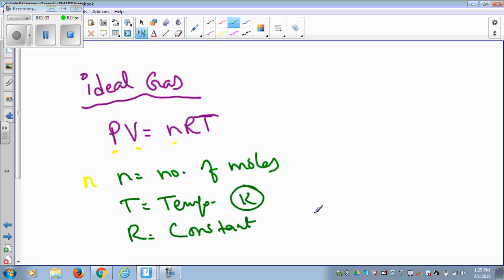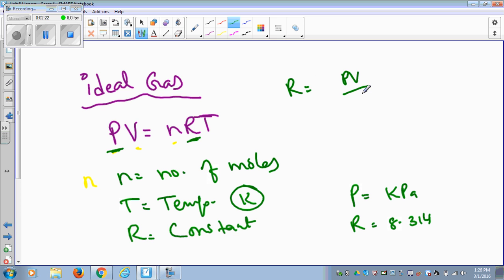The value of R is different based on the unit of the pressure. If the unit of the pressure is in kPa, your R is going to be 8.314. Because if I want to calculate the value of R out of this equation, R will be equal to PV over nT, pressure times volume divided by number of moles and temperature.